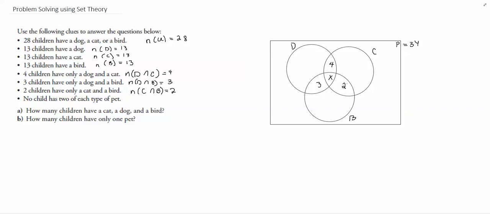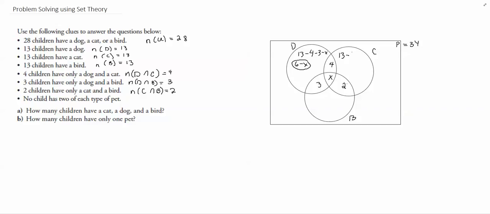So if I look to find the number of children that have only a dog, I need to take 13 minus 4 minus 3 minus x. So 13 minus 4 minus 3 gives us 6, so I have 6 minus x. That's the number that have only a dog. Here with the cats, we start with 13.